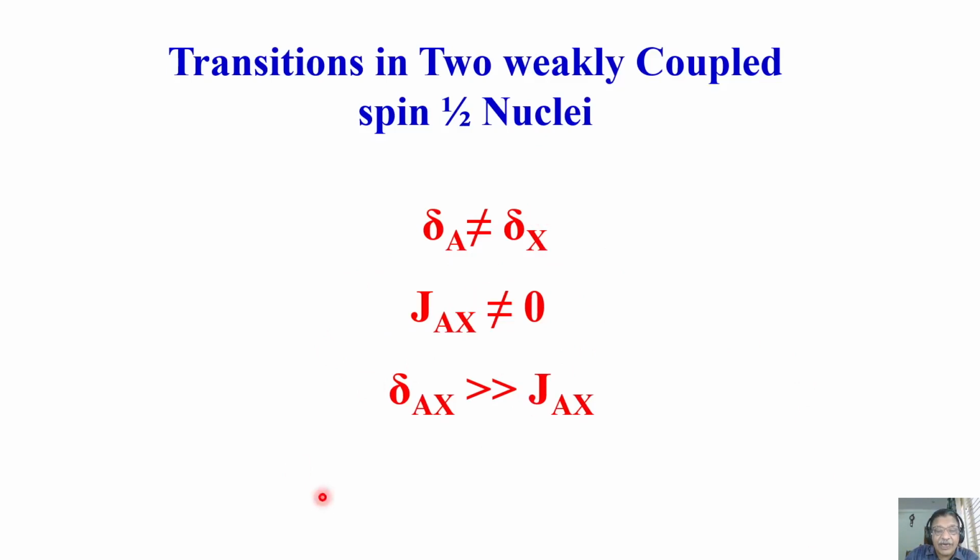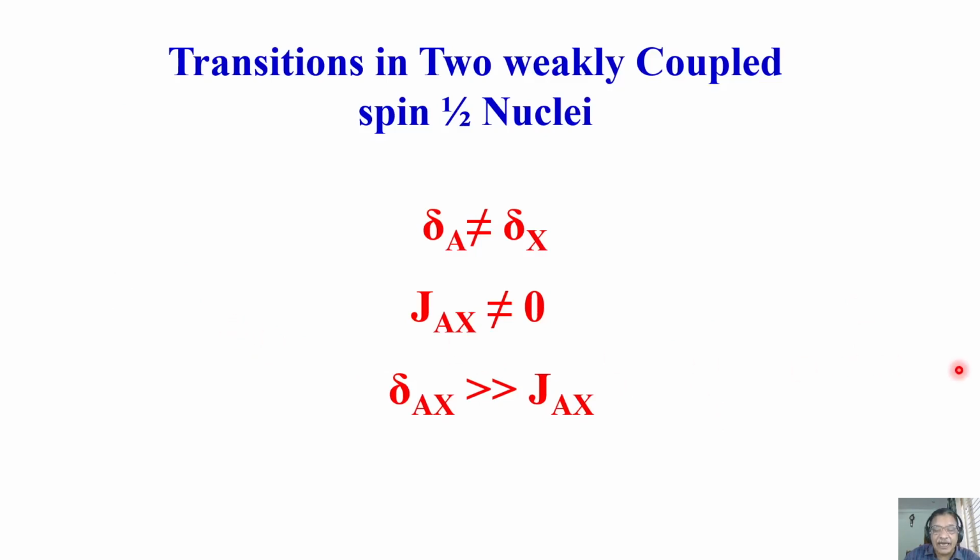I have also put a condition that the chemical shift separation between these two nuclei is very much larger than the coupling constant. You understand what I mean? In the previous example, we saw two peaks for non-interacting spins, the chemical shift of X and the chemical shift of A. Remember, one was here, one was here, and this separation you can measure.